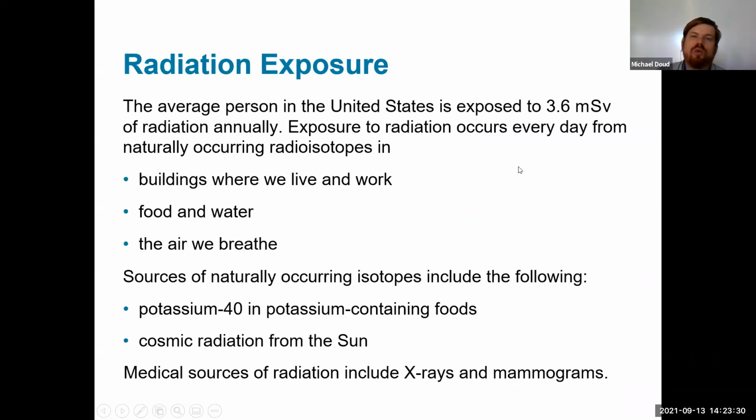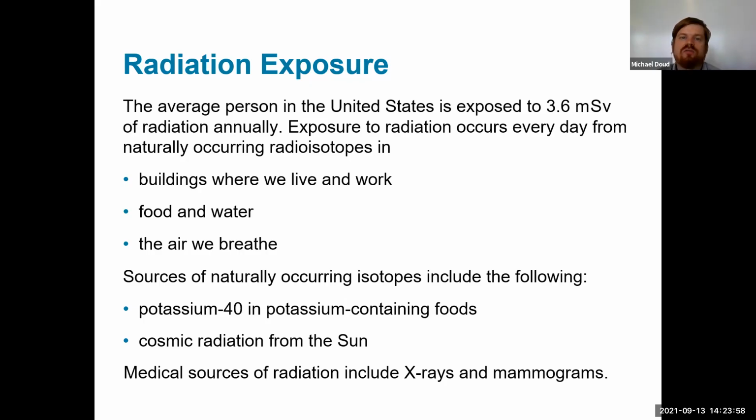Okay, so where are you exposed to radiation? Well, the truth is radiation is all around us in the modern world. On average, each person in the United States is exposed to 3.6 millisieverts of radiation each year. So exposure to radiation can occur in the buildings where you live and work, the food and water that you eat, and of course, the air that you breathe.